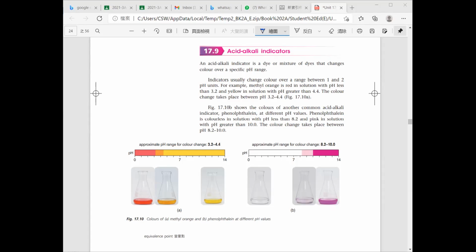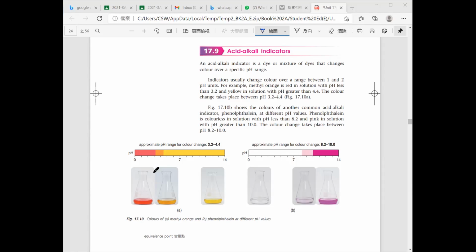So it is quite difficult for a human to judge where the endpoint is, because the color changes all the time. Even though you add 1 or 2 drops of solution, the color of the solution already changes. So you may find it hard to locate the equivalence point.